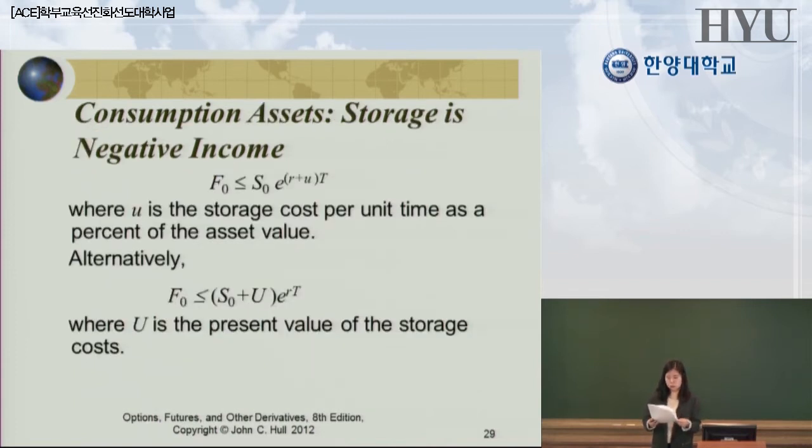In regard to consumption assets, storage acts as a negative income, so this part is not minus but plus, and the reason this part is larger than F0 is that a consumption asset has consumption value, not just for investment.